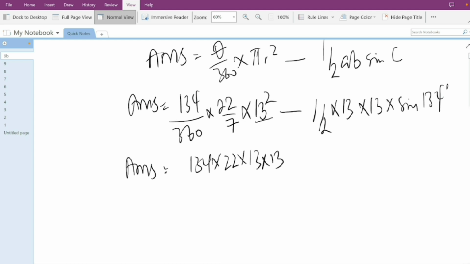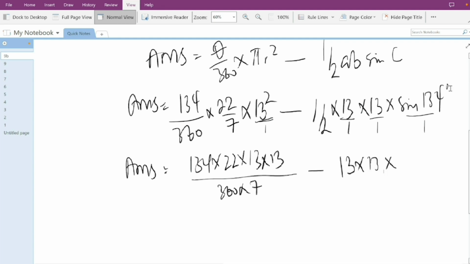At the base we have 360 times 7, so we'll have it over 360 times 7 minus, on this other side, 1 times 13 times 13 times sine 134 degrees, which to 4 decimal places is 0.7193, over, at the denominator, 2 times 1 times 1 times 1, that's 2.